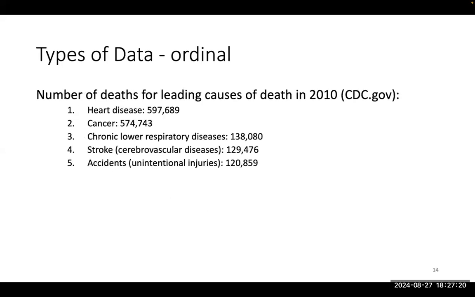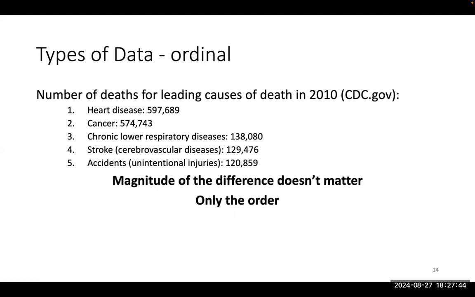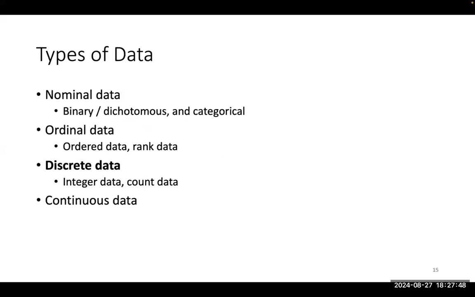Rank data, okay. So when you have the number of deaths for leading causes of death in 2010, and you look at these various ranks, the order here is important. The number is giving you the order, but the magnitude of that number per se does not really matter. Only the order matters.